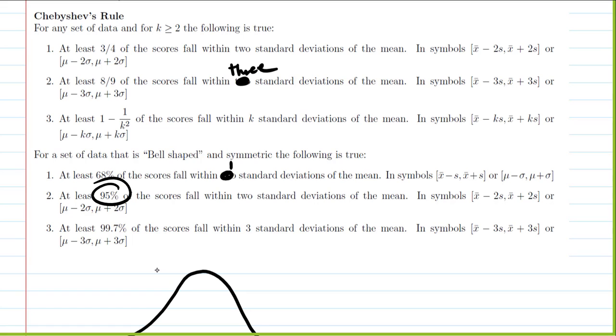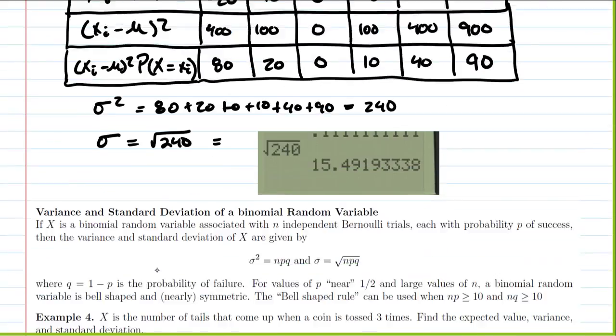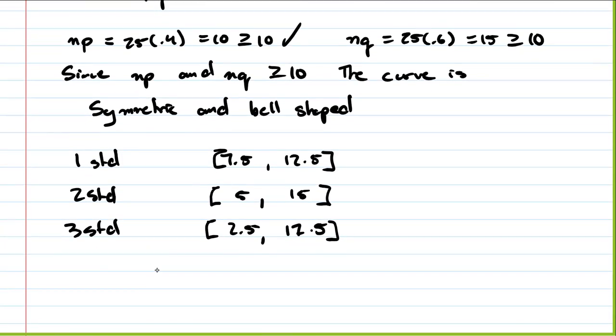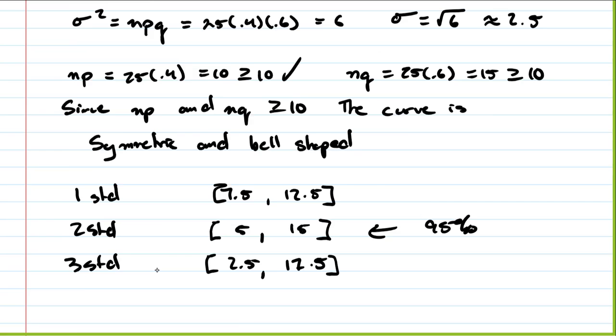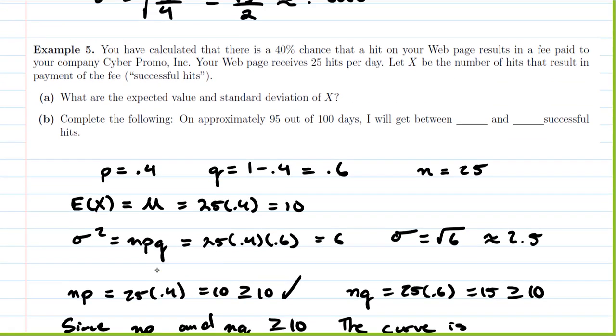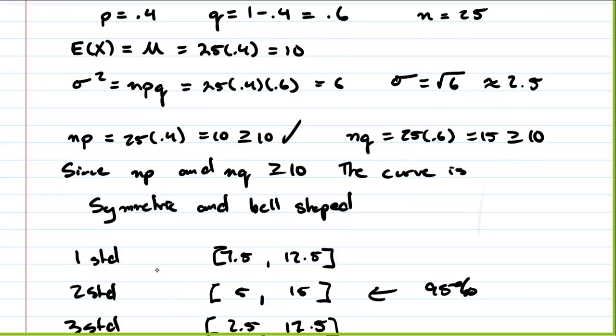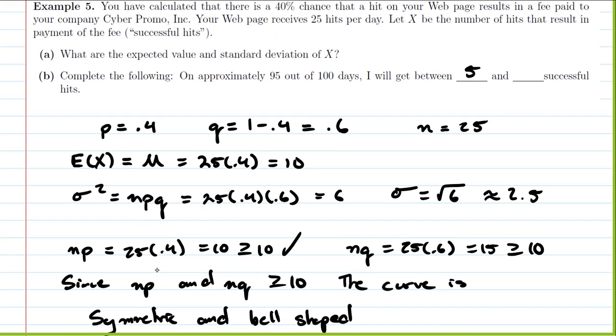To get 95%, how many standard deviations can we go? 2. So 95% will be within 2 standard deviations. So that's going to be our 95%. So to complete that statement, on 95 out of 100 days, I will get between how many? 5 and 15. Very good.